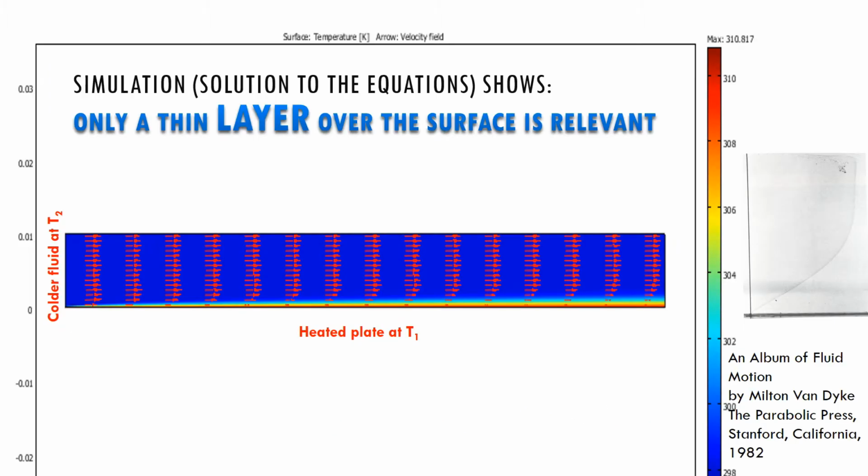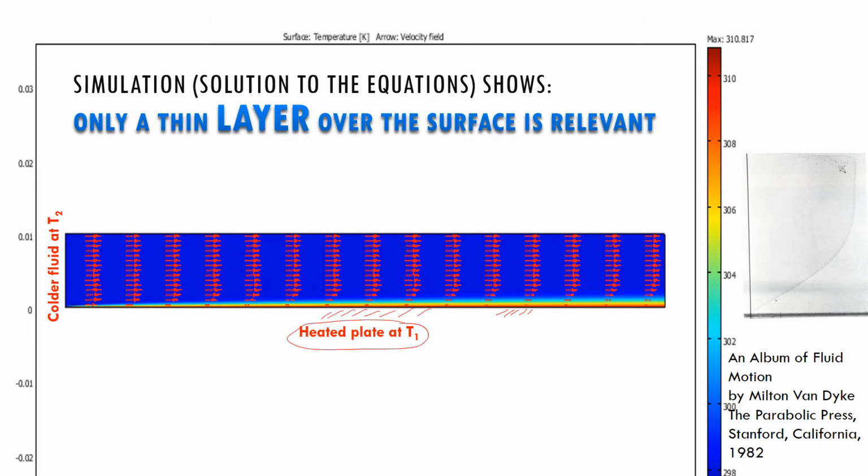So I will try to show in three different ways that it is this thin layer near the surface. So this is the surface, the thin layer near the surface matters, and that's all we need to care about. So here, this one is a complete solution of those equations. So the Navier-Stokes equations plus the heat equation for flow over a heated surface.